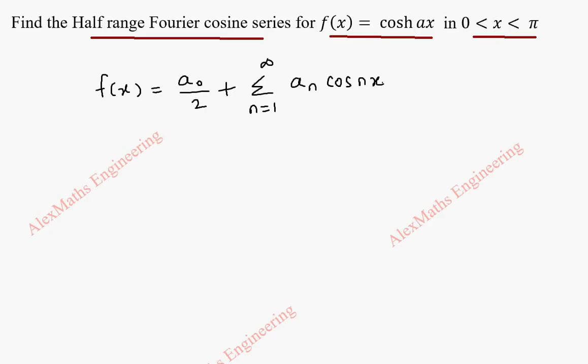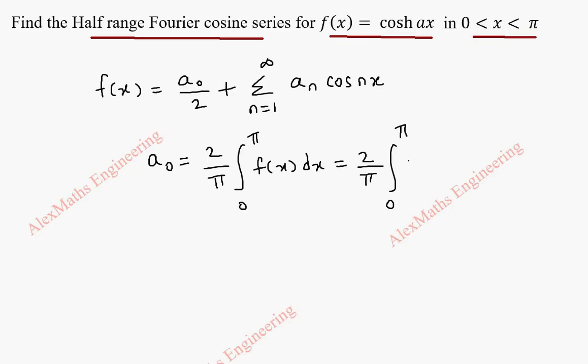Now to find a naught, we use 2 by pi integral 0 to pi f of x dx, and this is 2 by pi integral 0 to pi cosh ax.